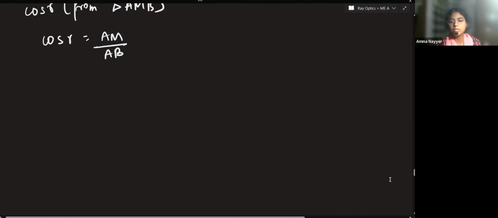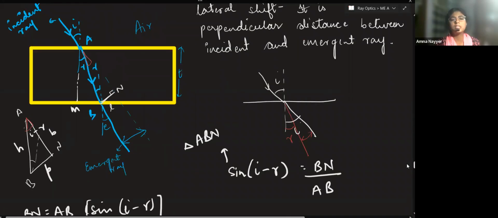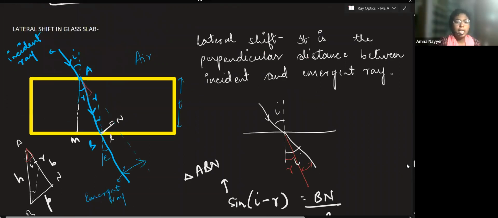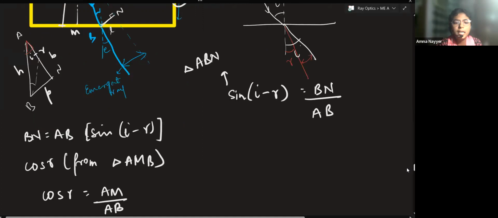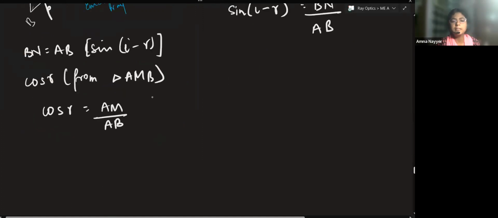What is AM actually? AM is this separation, and that is exactly the thickness of the glass slab. Understood? So you can write AM as T. So AB becomes equal to T divided by cos R.